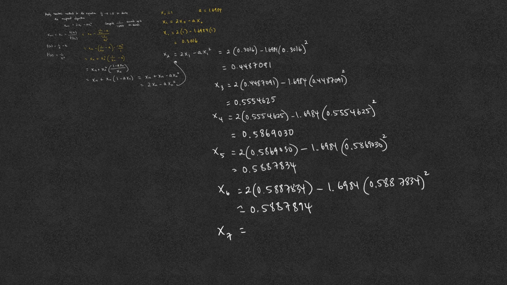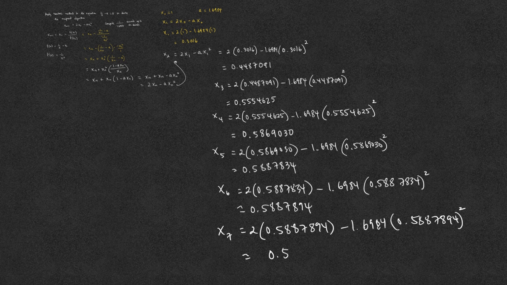X sub 7 is 2 times x sub 6, 0.588794 minus 1.6984 times 0.588794 squared. And we see that this is 0.588789, which we round to 6 decimal places.